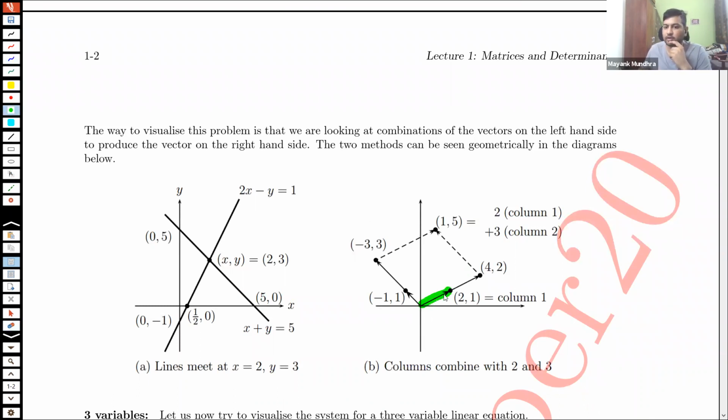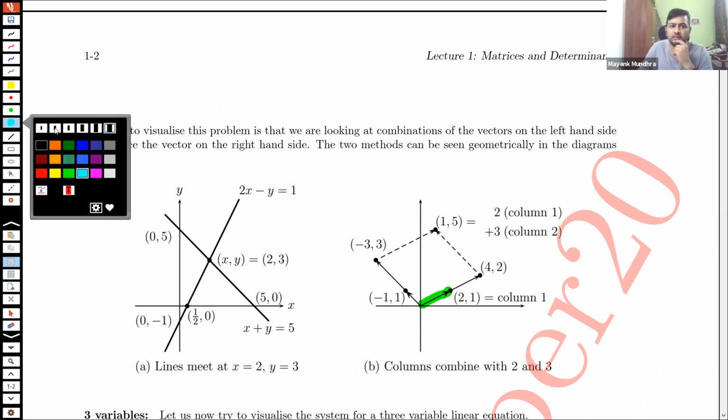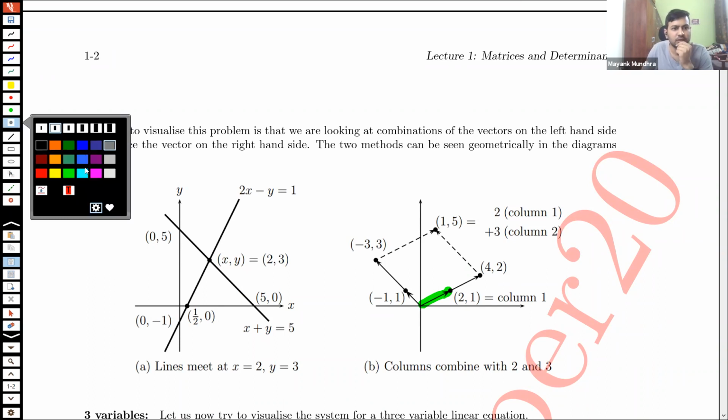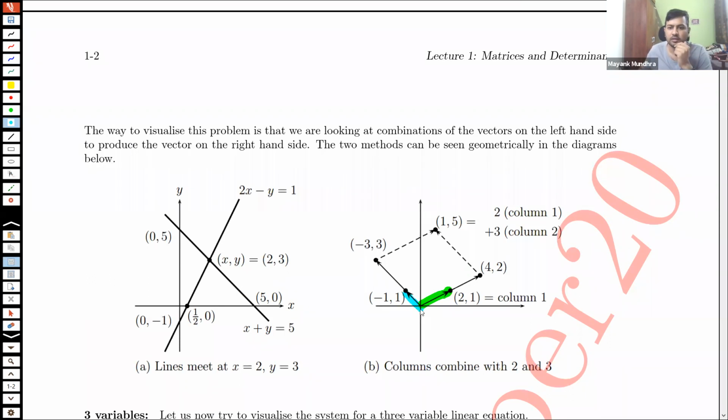This is my vector (2, 1), and this thing is my vector (-1, 1). I want to use some combination of these two vectors in order to reach this point (1, 5).